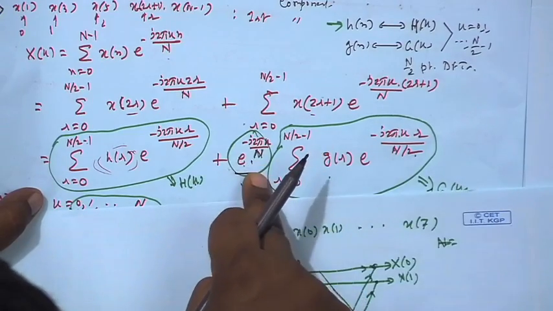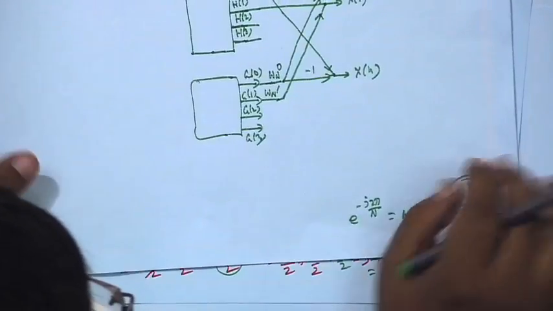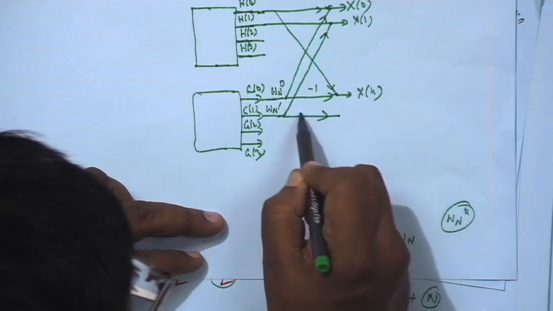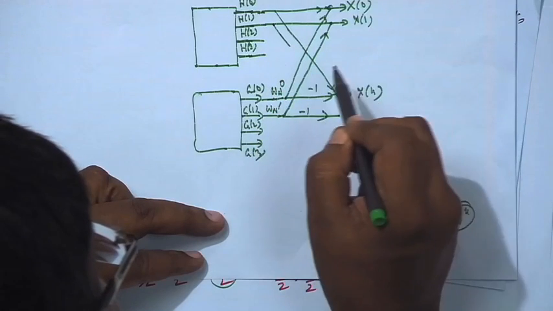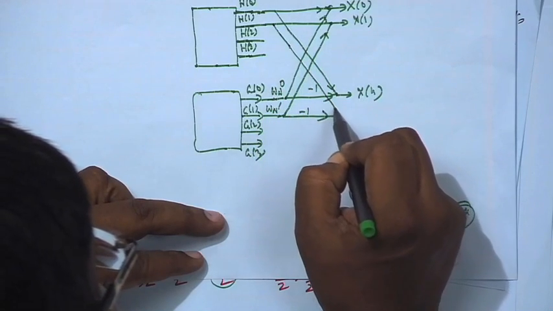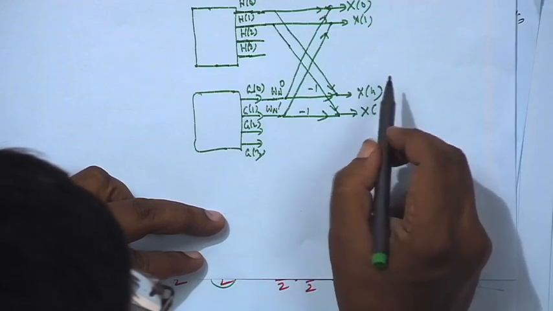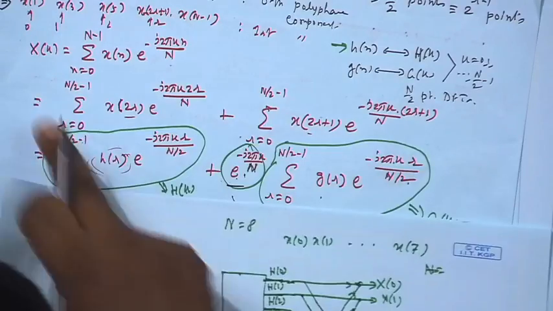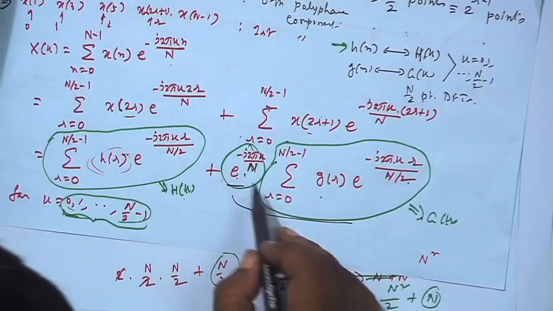This factor will be same, but it will just undergo a sign change, it will become minus. So, once again this will be your x 5.